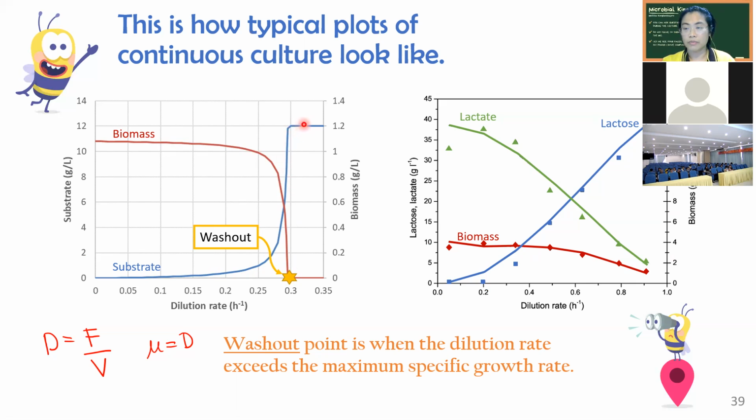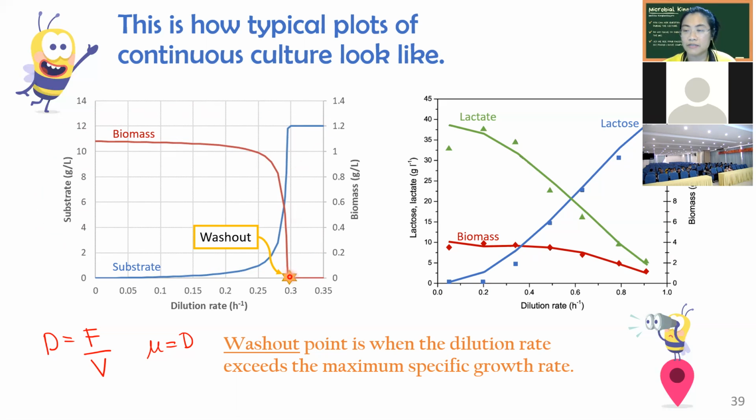The cell doesn't grow, and it's being washed out. If you look at this curve, you see immediately that if the substrate line at washout is 12, you know that you put in substrate at 12 grams per liter, and at washout, what you put in comes out. That's it.